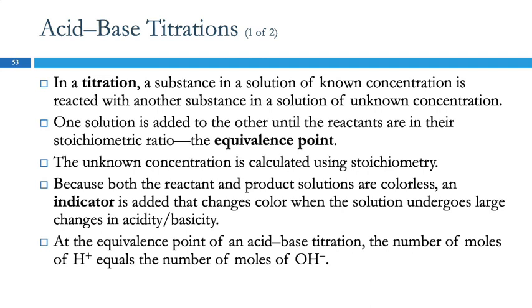Or it's intensely colored in both forms, but the colors are different. So we add that indicator, and the indicator is going to change color when our solution changes from acidic to basic or basic to acidic. And so we see that color change, and we know that we hit the equivalence point. In an acid-base reaction, the equivalence point is where we have the number of moles of H plus is equal to the number of moles of OH minus.